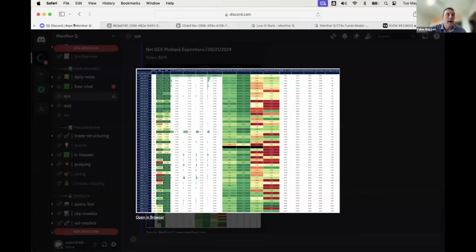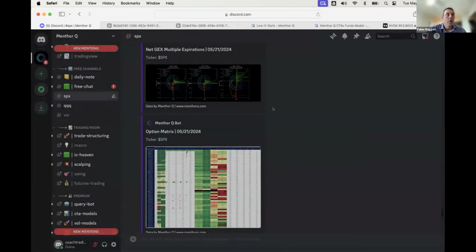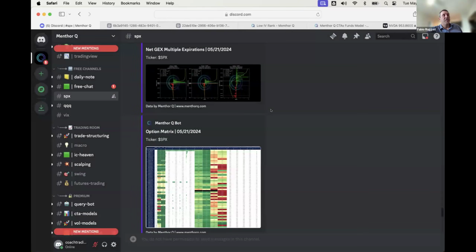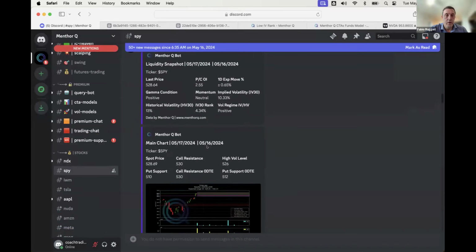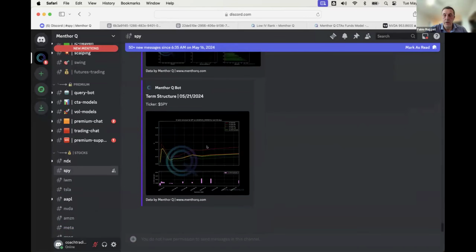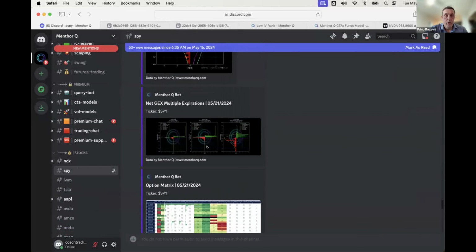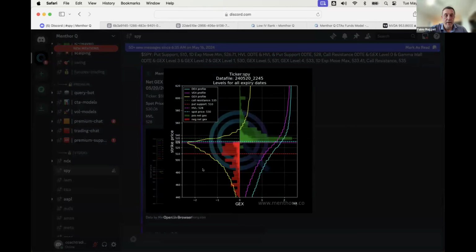All right, so we have another question from Simon. How do I read the chart with the JAX profile, the yellow line? Okay, so let's scroll all the way down to the bottom. I think Simon is referring to these yellow lines. This is the gamma profile for all expirations in this case.